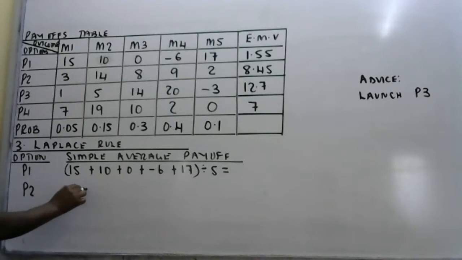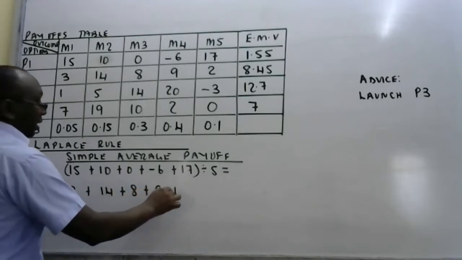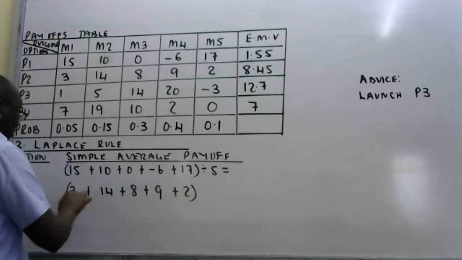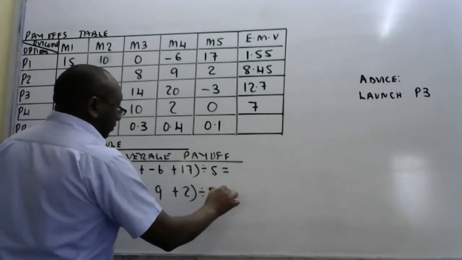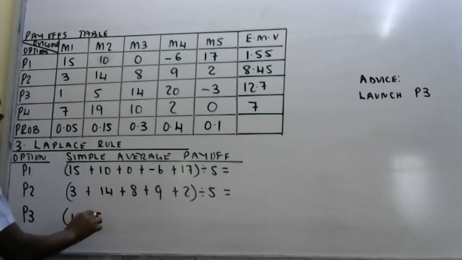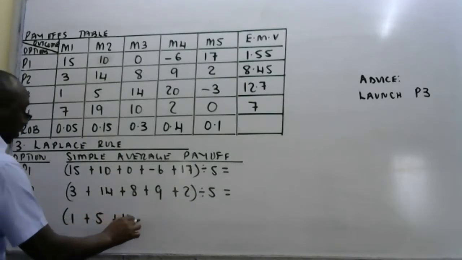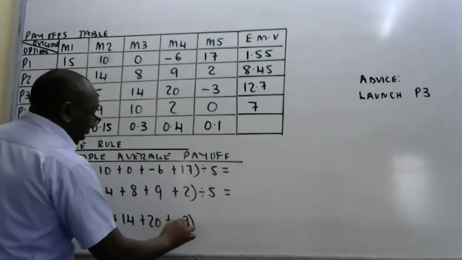You take 3 plus 14 plus 8 plus 9 plus 2, you divide by 5. We go to P3. We take 1 plus 5 plus 14 plus 20 plus minus 3.